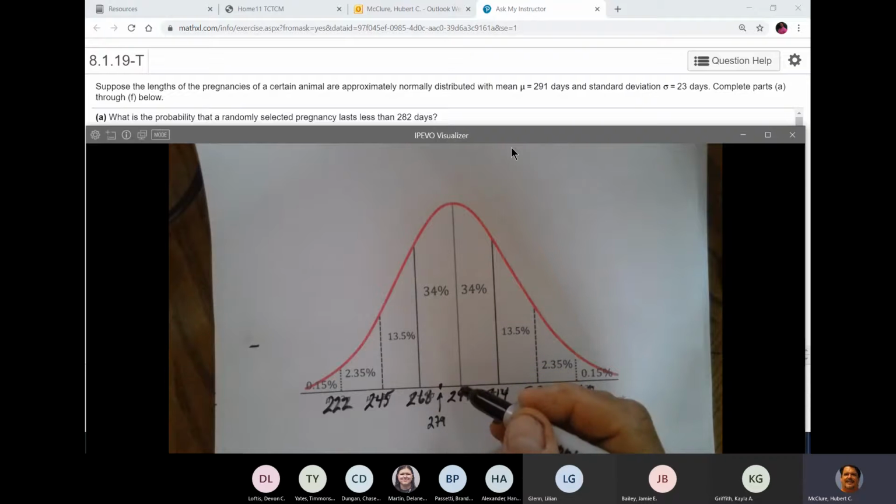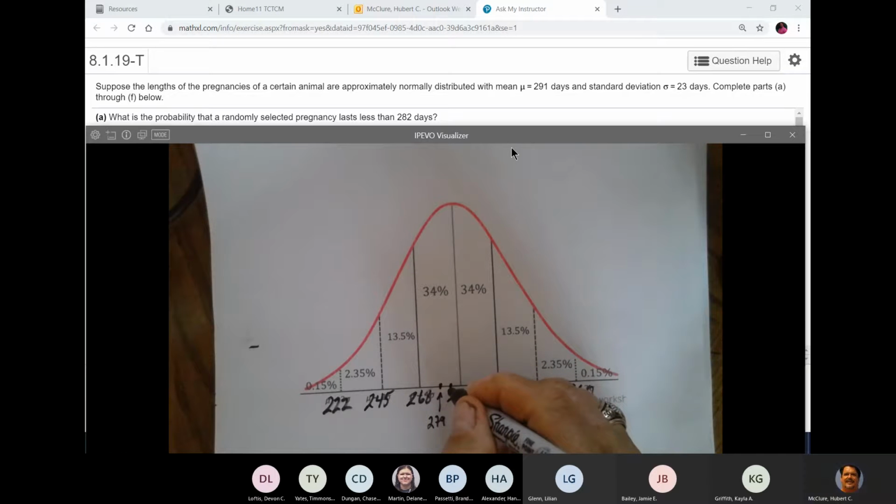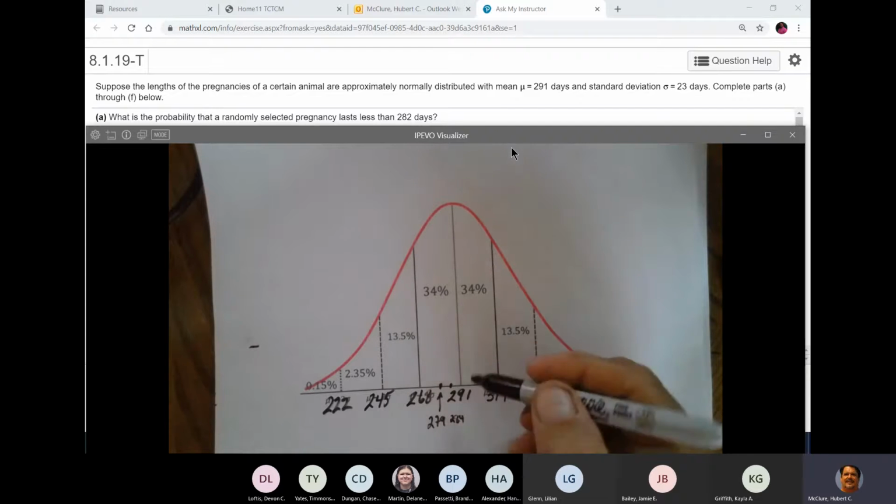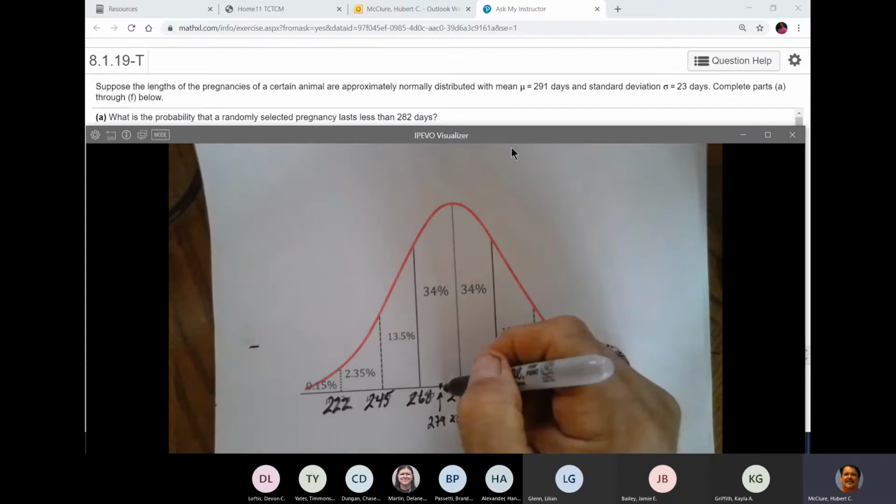Well, half of 11 is 5. So 5 plus 279 is 284. So that's 284 right there. So 282 would be just about in the middle.